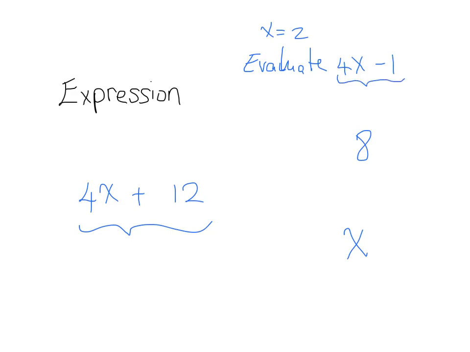This is not an equation, and it therefore cannot be solved. But you can evaluate it, meaning find the value of this expression. So you would take the 4, multiply it by x, which so happens to be 2 in this case, and subtract 1. So it would be 8 minus 1, which is 7, and we'll do more of that later on.